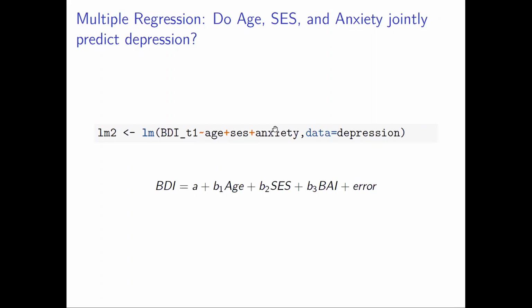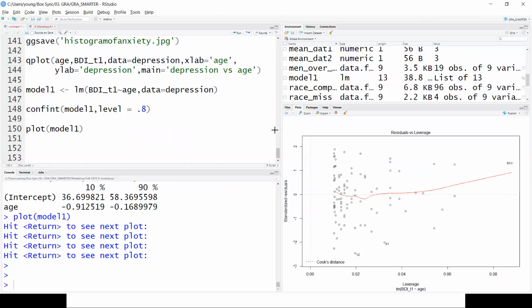And by the way, changing the order doesn't actually change the model. It just changes how it's displayed in the results. Other than that, it's the same model. It doesn't matter how you add them. I didn't give a plot for this one because it's really hard to plot in multiple dimensions.